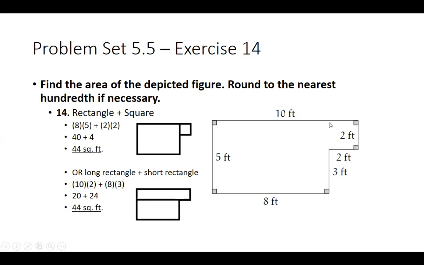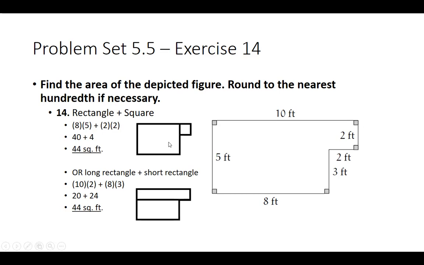We can either draw a line right here and split it into a big rectangle and a square. Or we can draw a line here and split it into a long rectangle and a short rectangle. So we can have a rectangle and a square, or a long rectangle and a short rectangle.